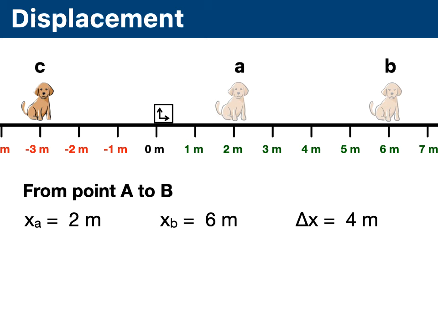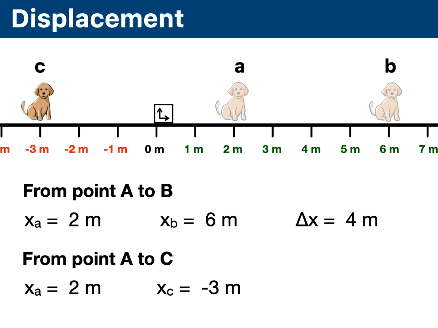From point A to point C, the dog still originally started from 2 meters, went to -3 meters, and if you count over, it's going to be 1, 2, 3, 4, 5. So the dog went -5 meters from his original starting position.